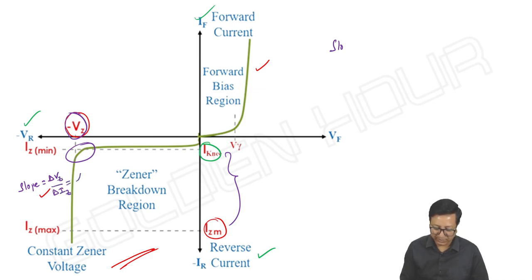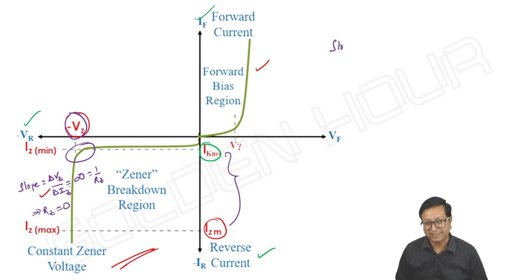But it is infinity, because it looks like a vertical line. Or I can write 1 by Rz, where Rz is the Zener diode's internal resistance. It is 0. Means it is behaving like an ideal voltage source.